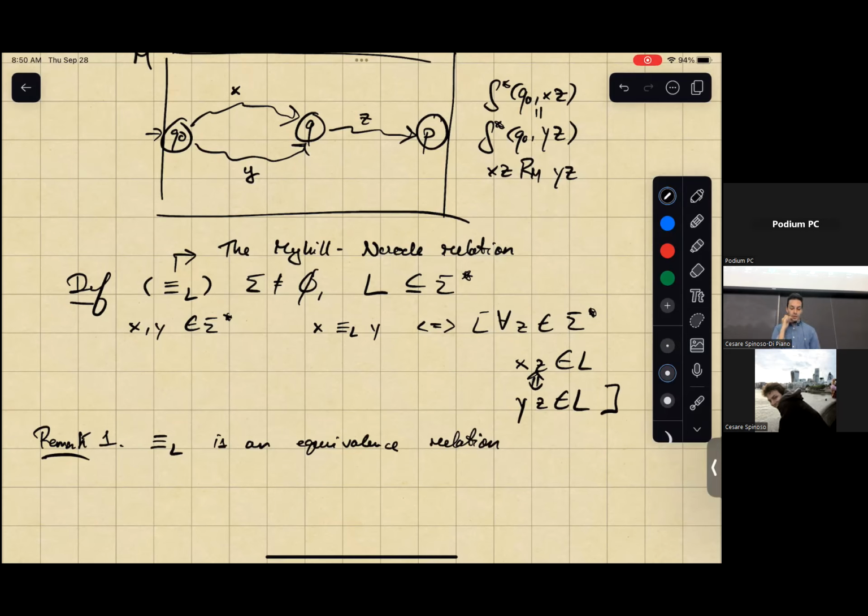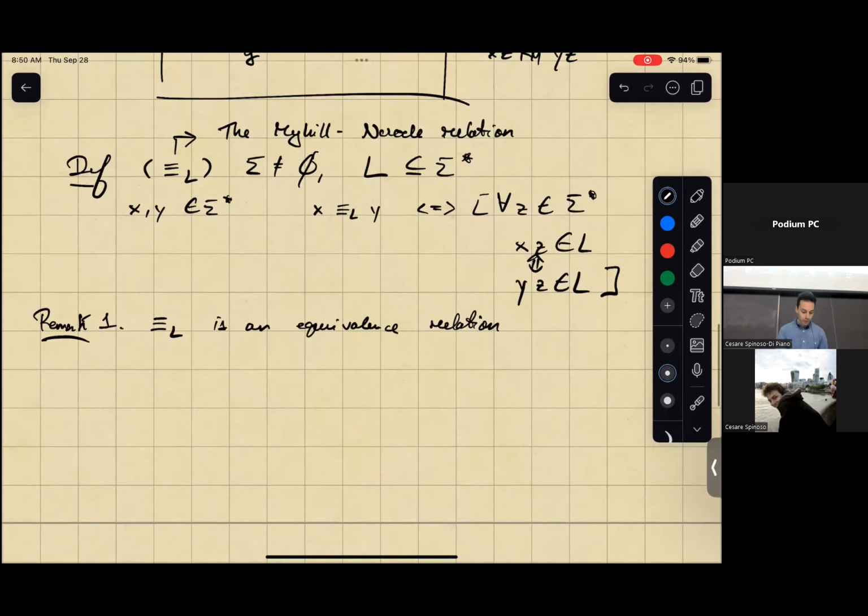The other thing, it turns out, is that this relation is also right invariant. So this requires a slightly more, I would call it step-by-step proof. Not rigorous, because the other proof was just as rigorous, but it requires a more step-by-step proof. So the claim here is that this relation is right invariant. Let me prove this to you.